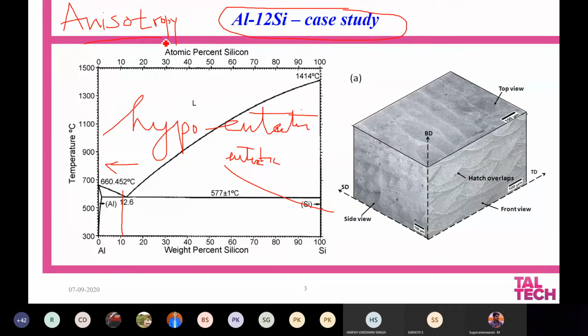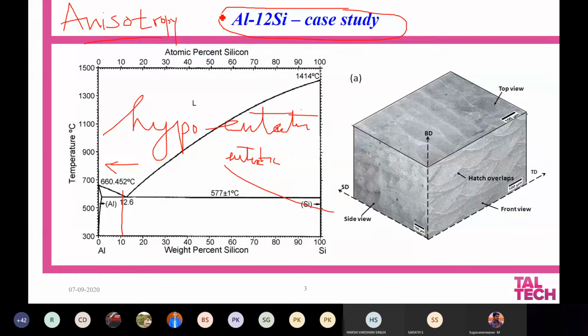In addition, the anisotropy in the microstructure spans over several length scales, right from nanoregime, submicroregime, microregime, and macroregime. So the anisotropy in the macroregime is seen here.